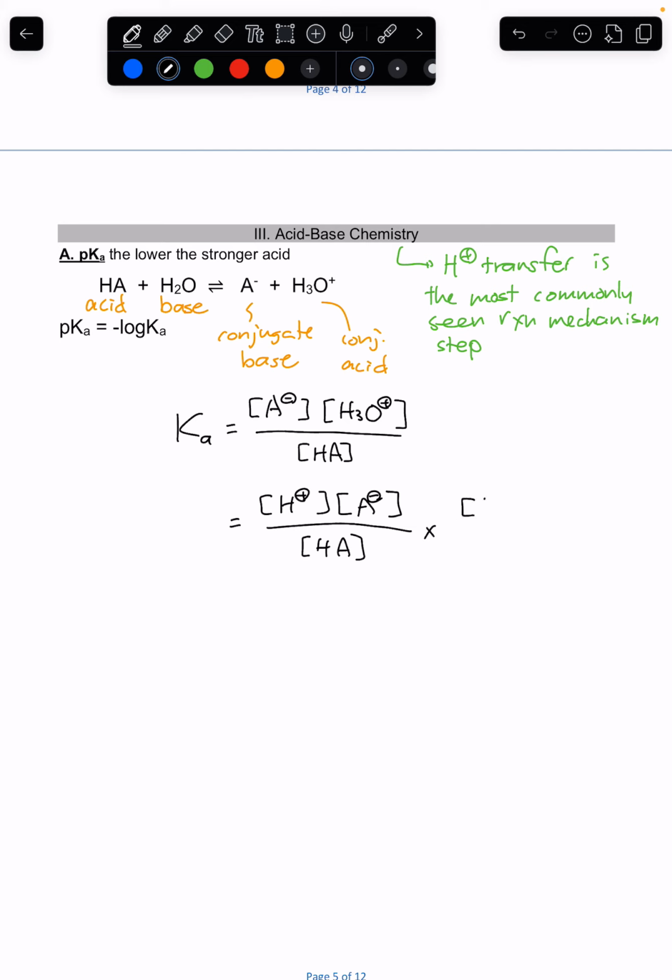And so that's going to be picking up of the acid by the water would be the product. These would be the reactants. And of course, this part can get canceled, and hence this becomes that equation, because water here is basically a constant, right? So hopefully that's a good review for you.